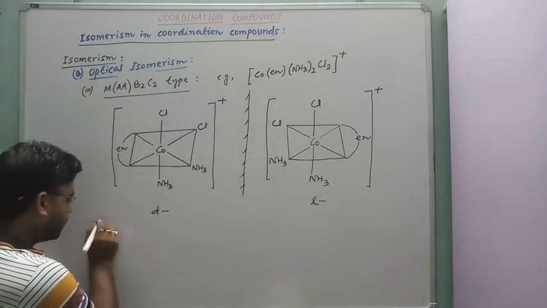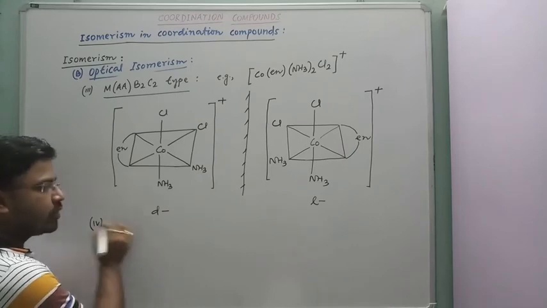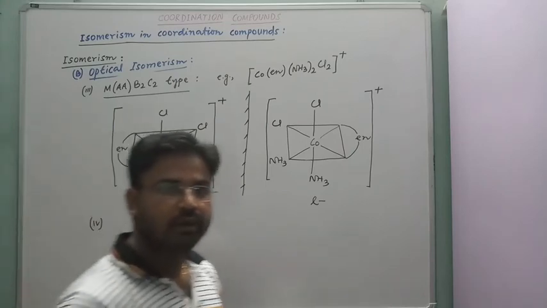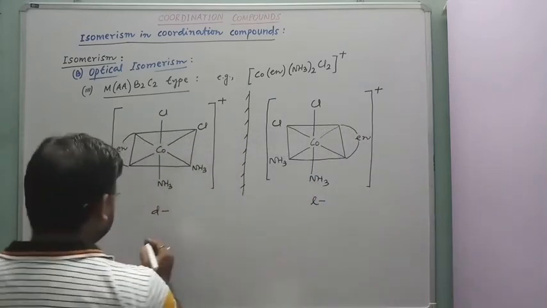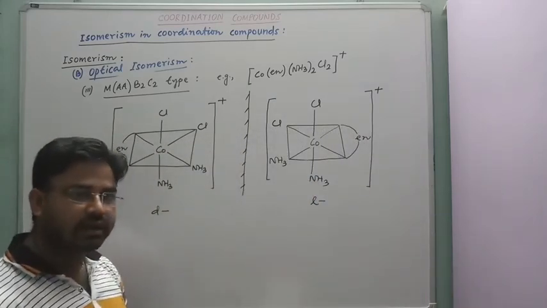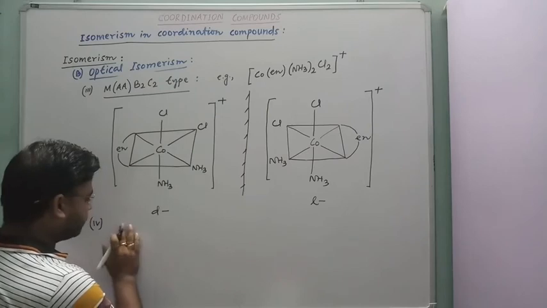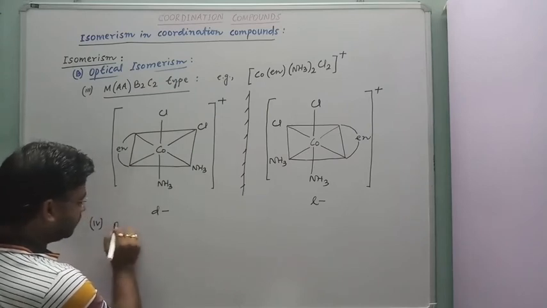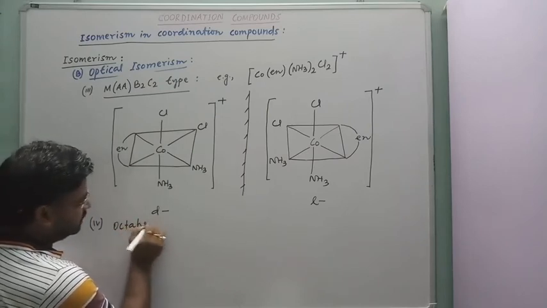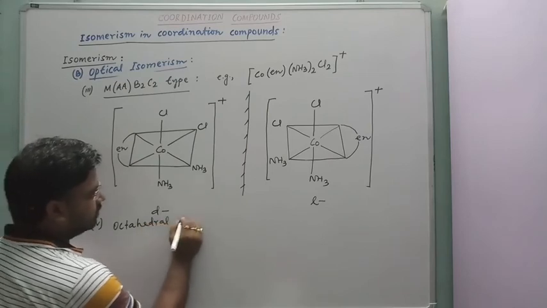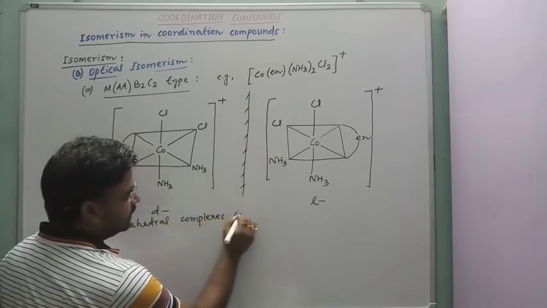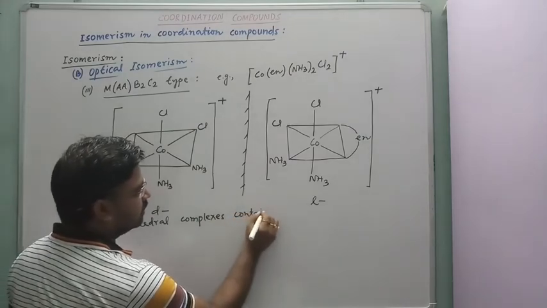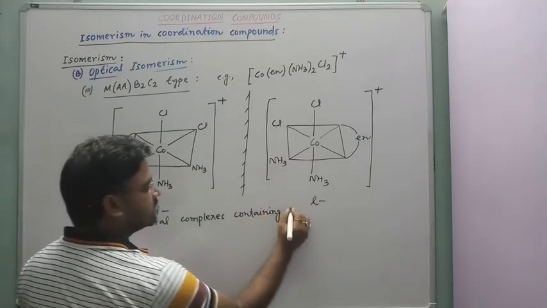Number 4, the octahedral complexes containing hexadentate ligand. The hexadentate ligand, say EDTA. EDTA is a hexadentate ligand. So one example, I am writing octahedral complexes containing hexadentate ligand.